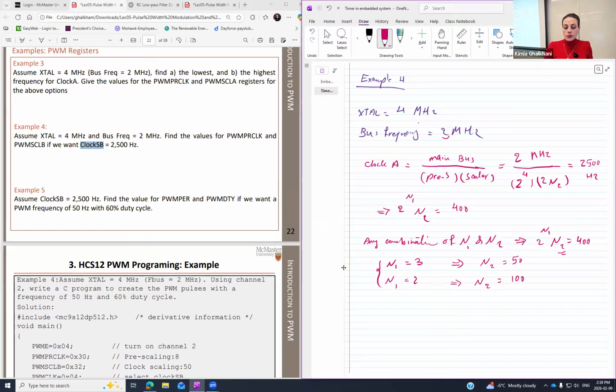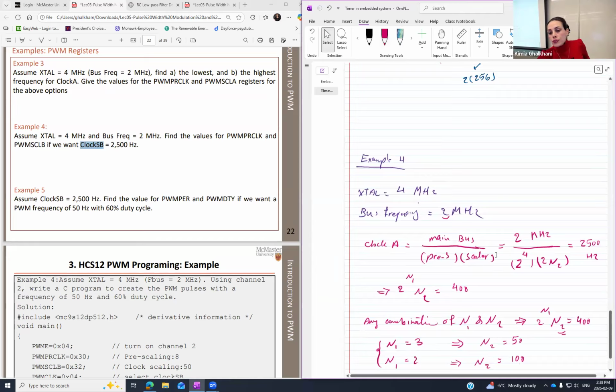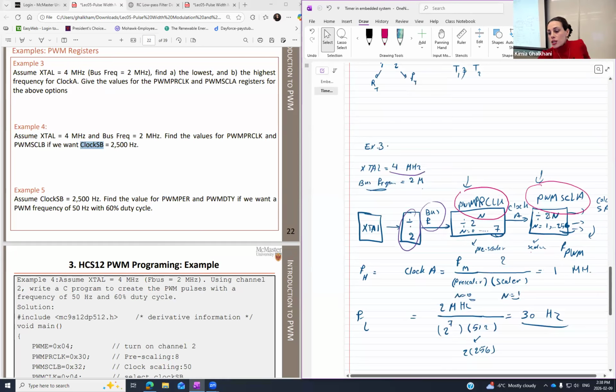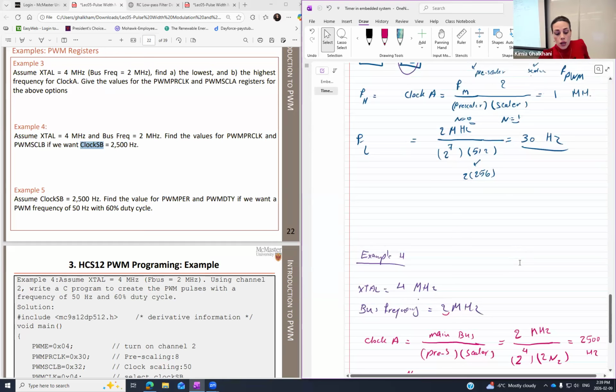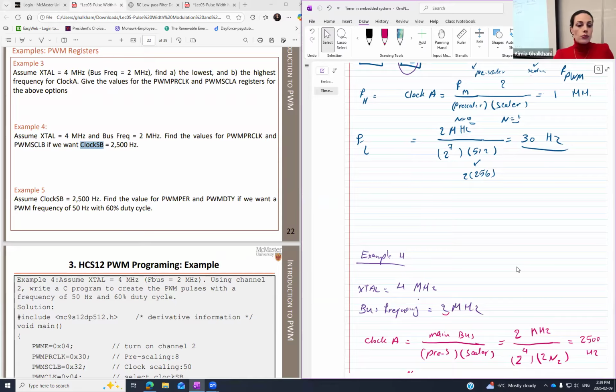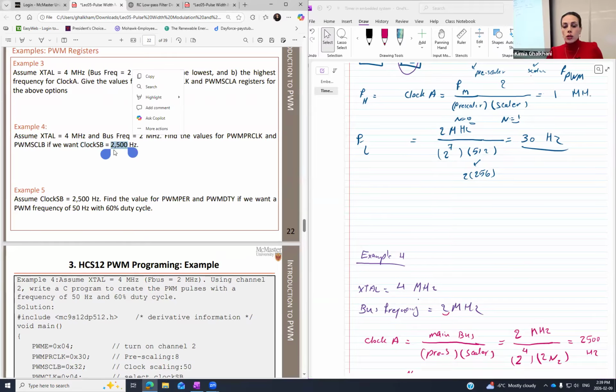Make sense? Yeah. 400 is coming from the prescalars and scalars. So if you have any combination of 2 to the power of n1 and n2 that is equal to 400, then you are going to have your clock SB equal to this one.